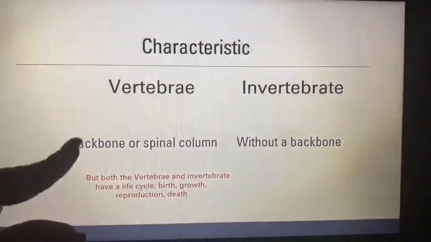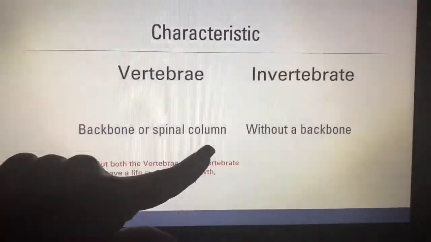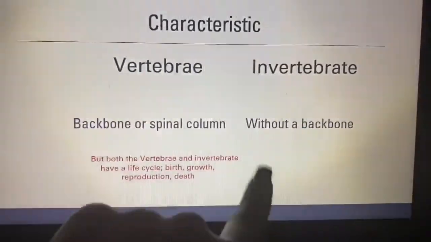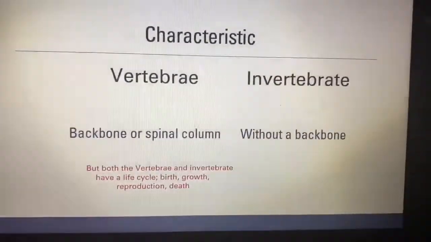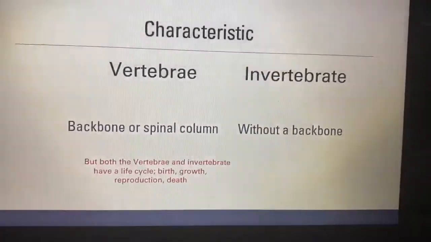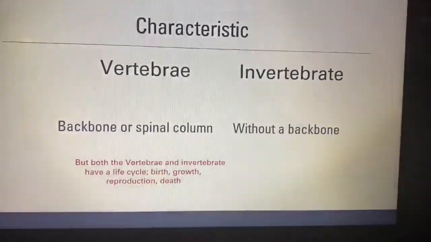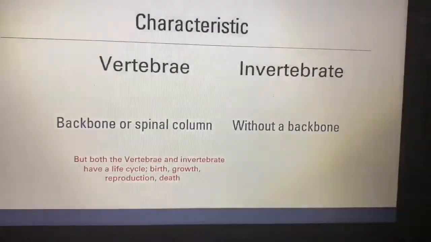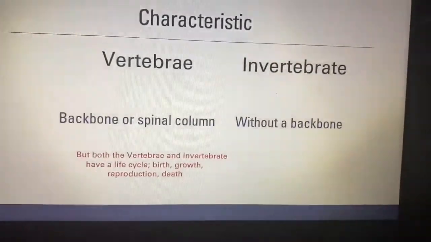A vertebrate has a backbone or a spinal column. An invertebrate is without a backbone. But they have something in common, and you know what that is? They have a life cycle.